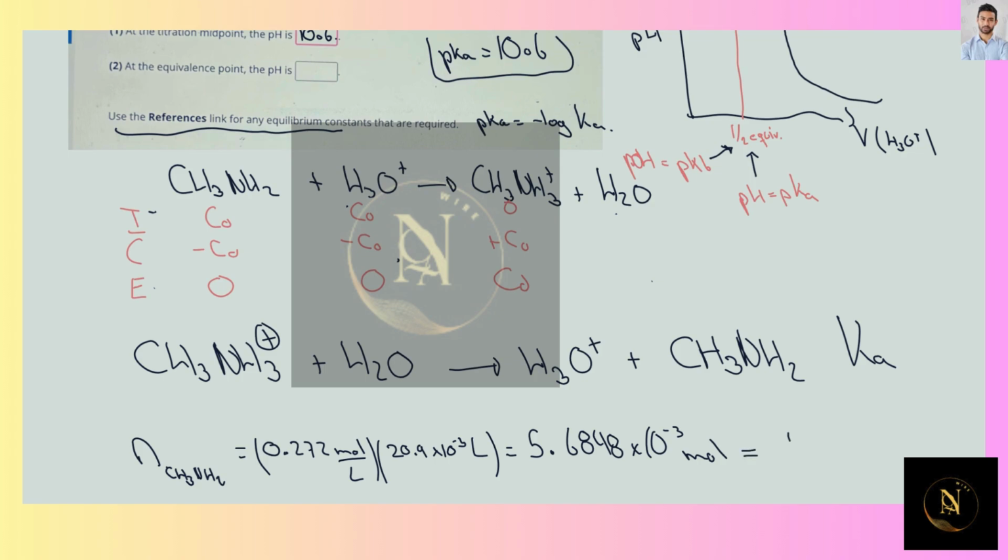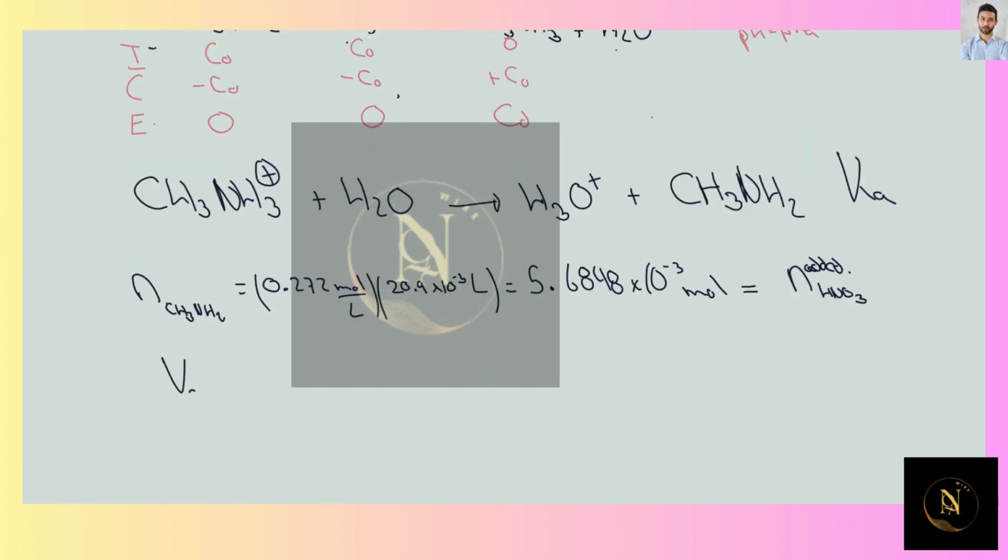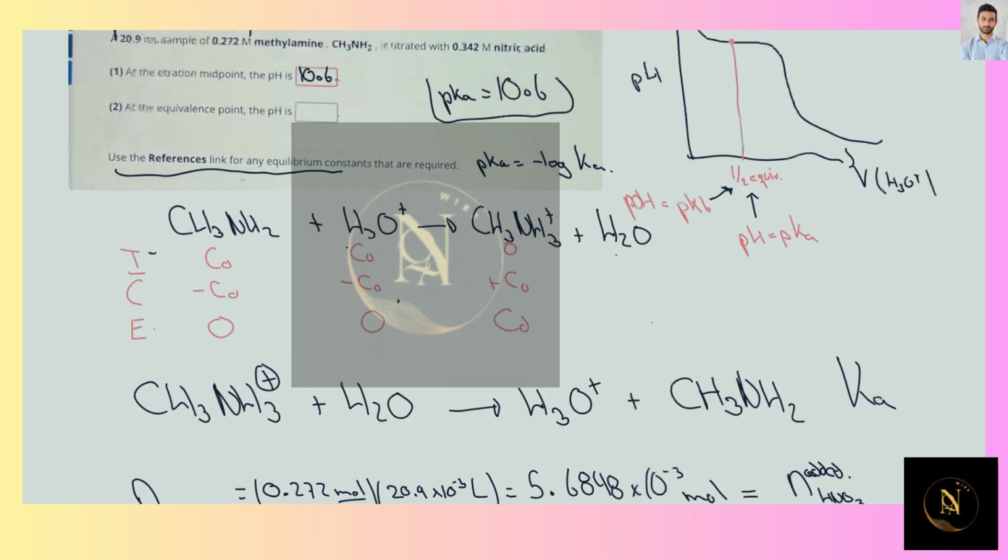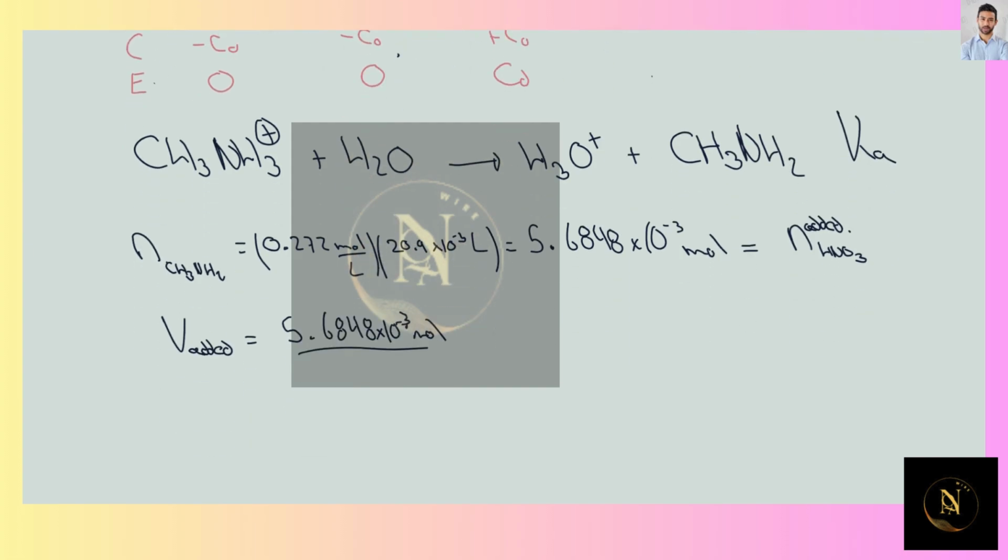And this needs to be equal to the amount of nitric acid that we have added when we reach the equivalence point. Thus, the volume that we added is equal to the amount of moles divided by the concentration of the nitric acid, which is 0.342 moles per liter, which is 0.0662222 liters.